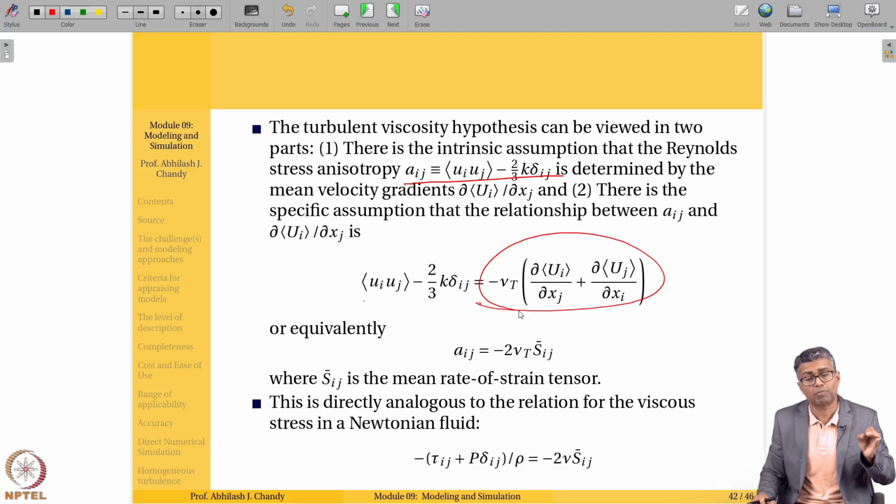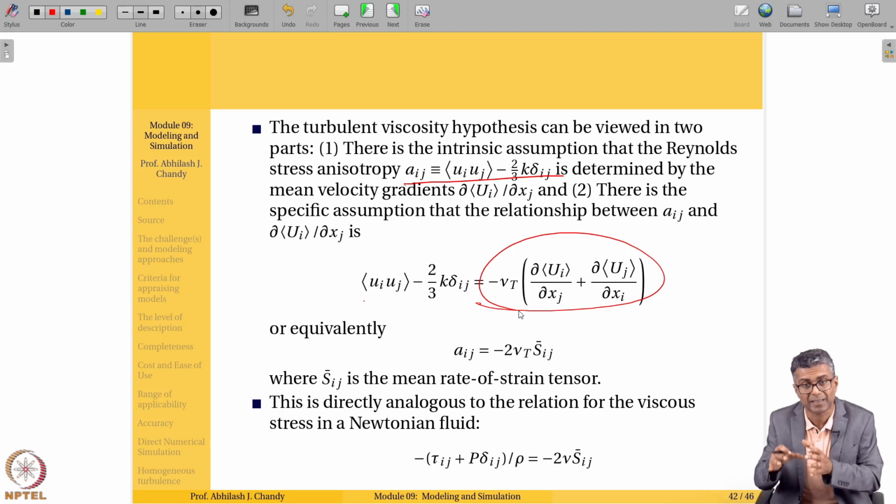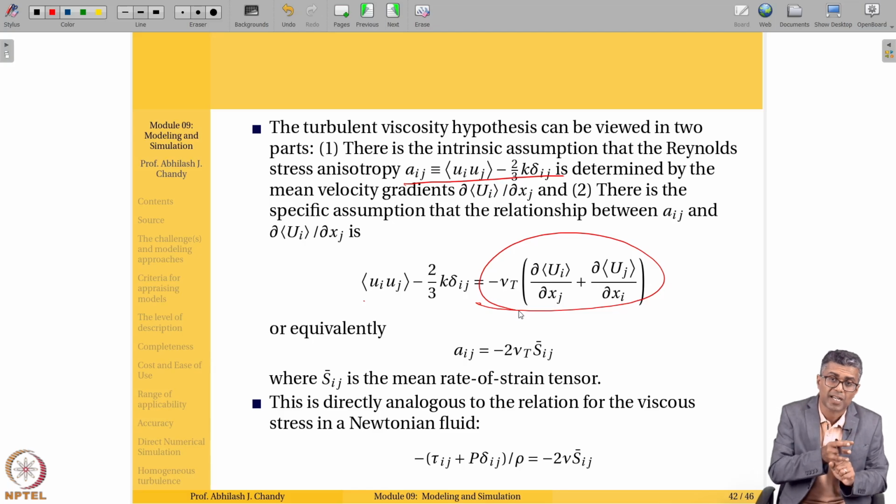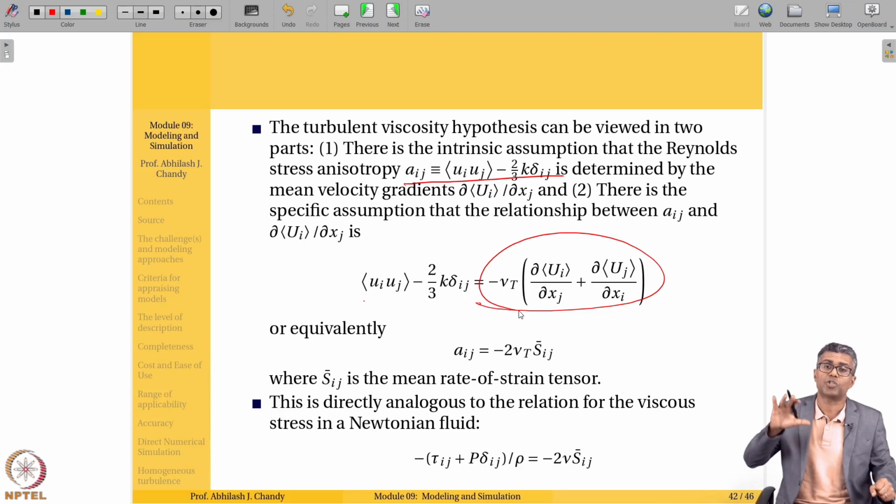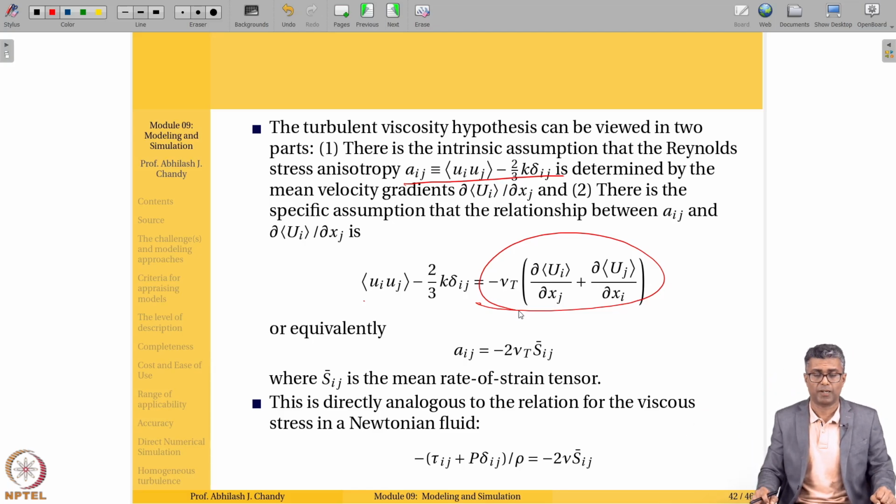Now the second assumption is a more specific assumption. The intrinsic assumption was that it is just proportional to the mean strain rate. The specific assumption is that it is equal to, not just proportional, νt times the strain rate.